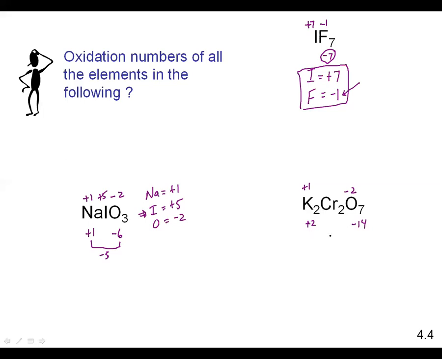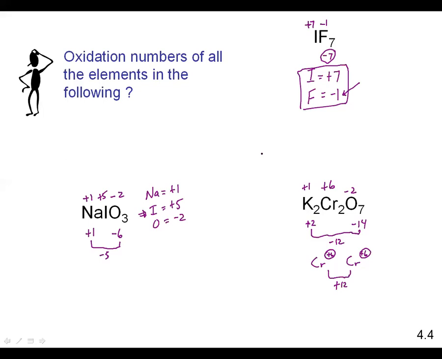In this particular case, if we put together everything we've got going on, we have a -12 that's left over. Different as well here, we don't have one chromium, but we actually have two of them. So for each of those, to get us to -12, the chromium has to be +6 each. +6 here, +6 here gets us +12, which would balance out the charge.